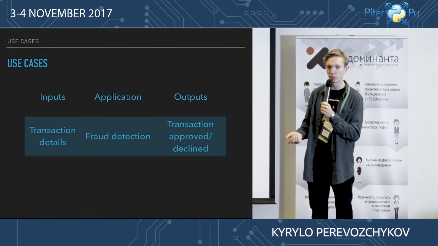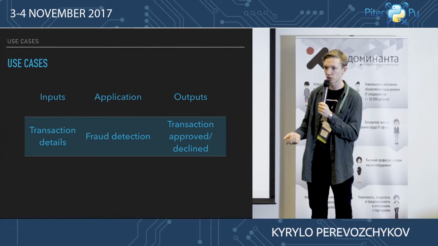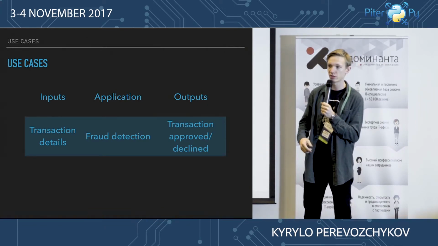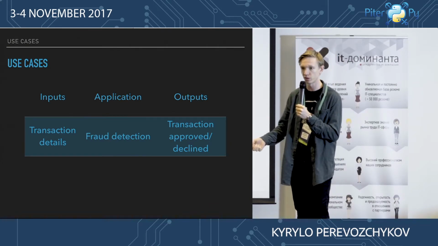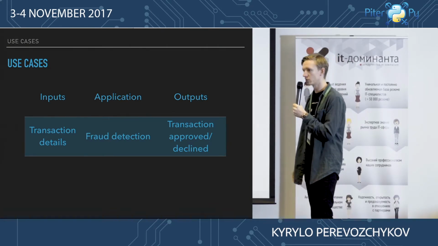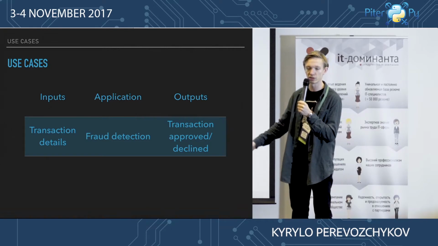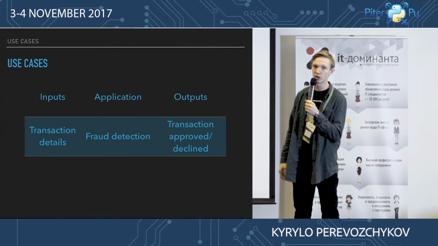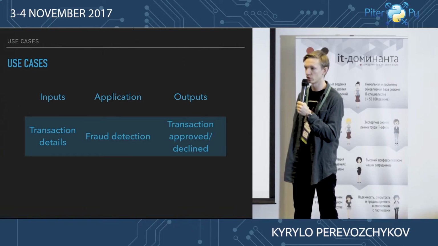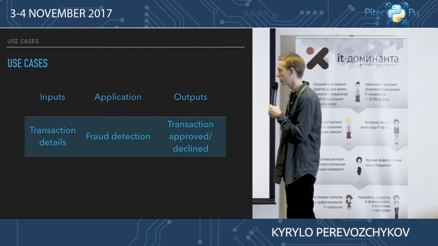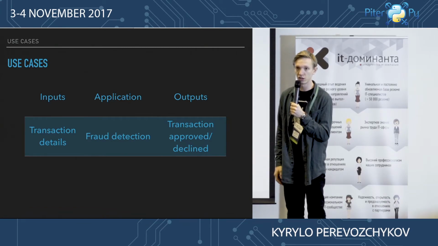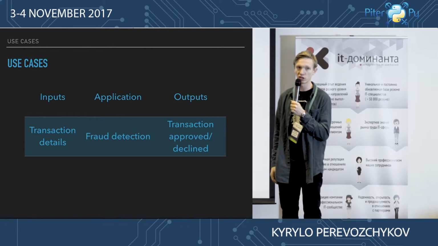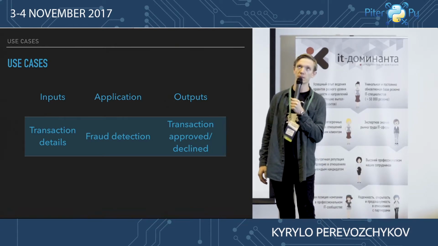In my life, I had a situation when I slept well for a night, and then the morning after I discovered that $300 had been removed from my card in Jakarta. Naturally enough, I hadn't been to Jakarta, but the fact is that the bank blocked an unreliable transaction because of the fraud detection system.